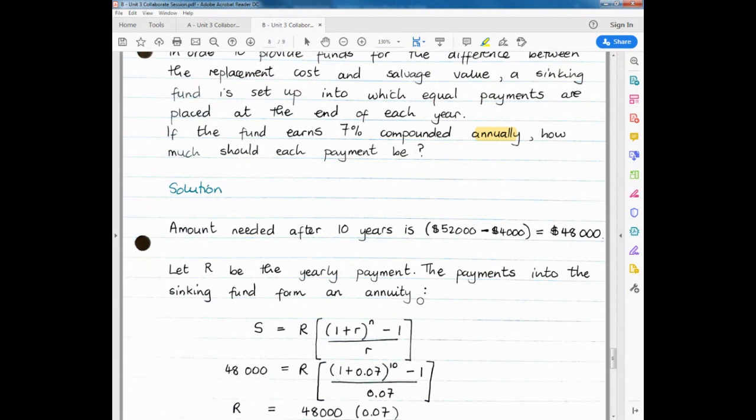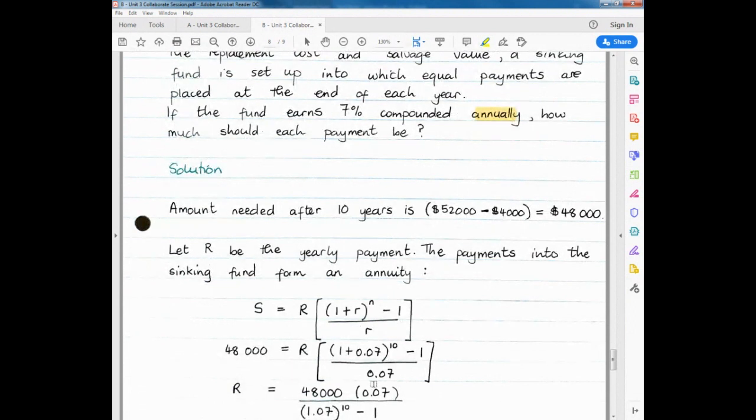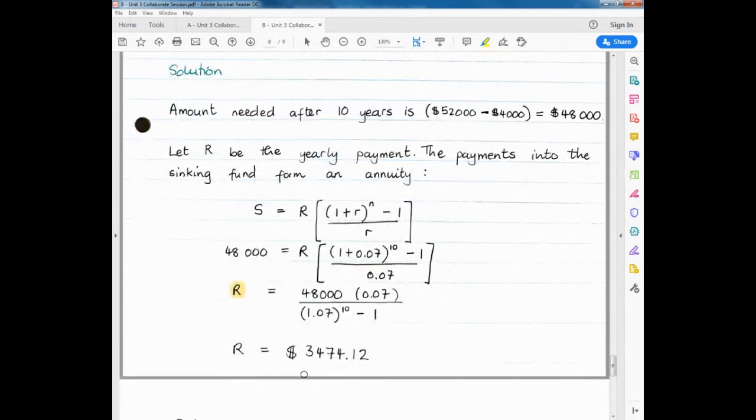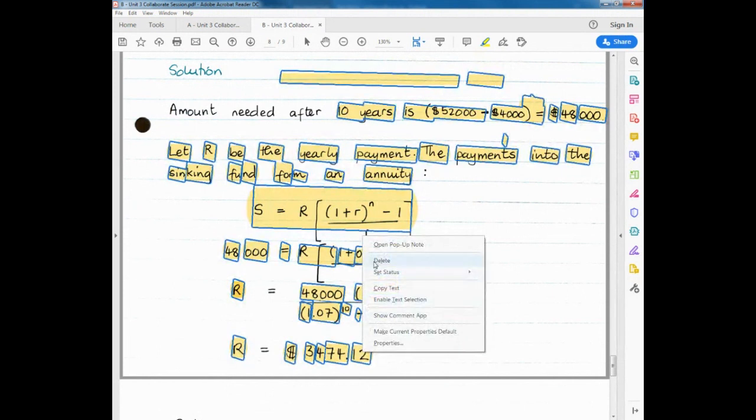Okay, so if we substitute the values, you'll see that you need to calculate R. Notice that I didn't punch in the values and figure out what this is and round it off. I just wrote everything and then I made R the subject of the formula, and then I evaluated that, and finally I rounded off to 2 decimal places at the end.